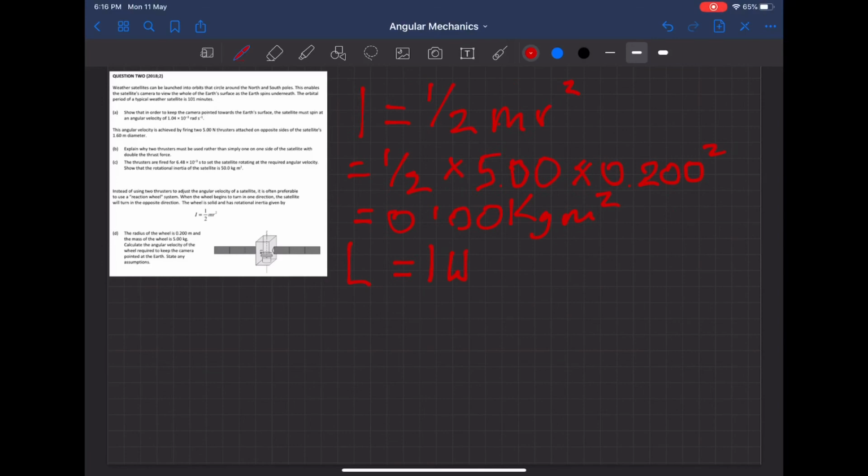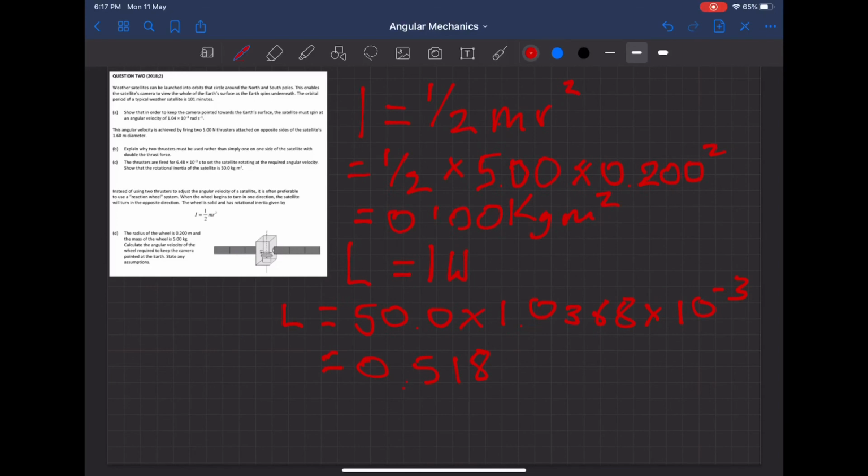Now we can plug in the numbers that we've got in our previous calculations, and we will get L equals 50.0 times, and again I'm using the unrounded number, 1.0368 times 10 to the negative 3, and that would equal 0.518.